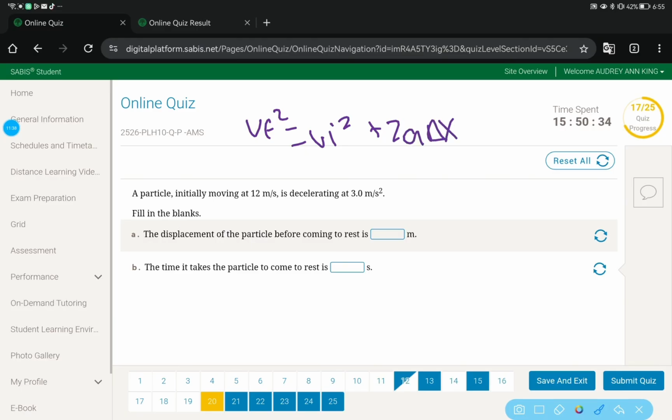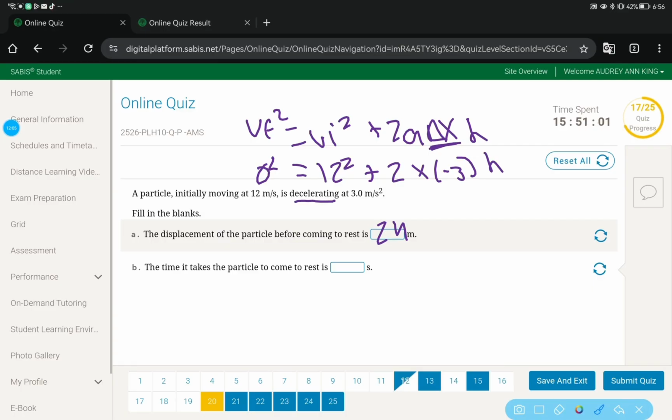So after replacing, you get 0 squared because it's decelerating, which means the final velocity is going to be 0, equals 12 squared plus 2 times negative 3, and I'm going to call displacement h, times h. So you should get, after solving, 24.